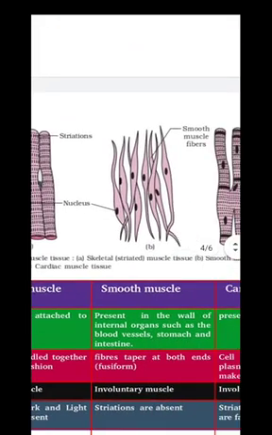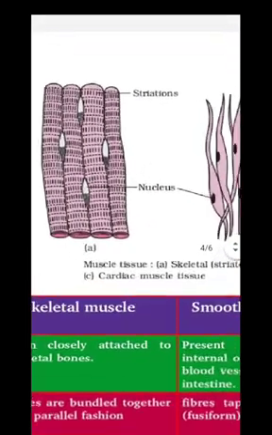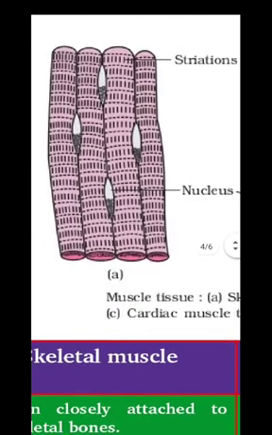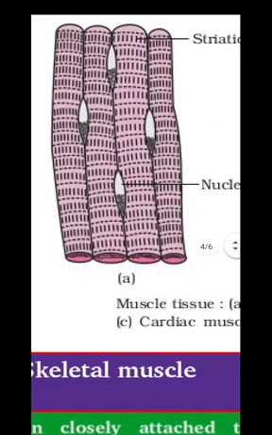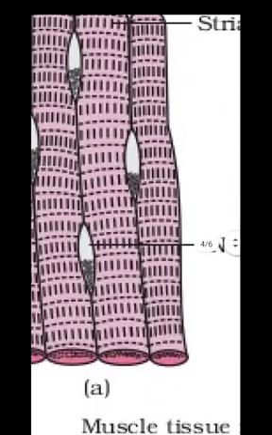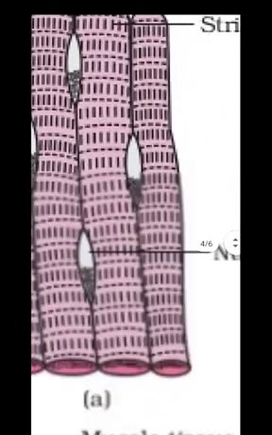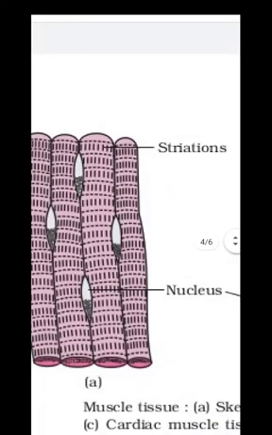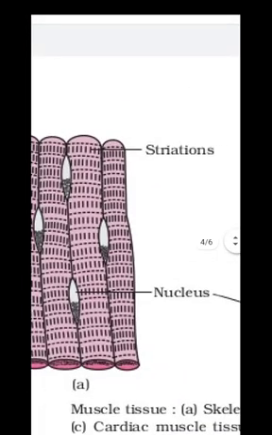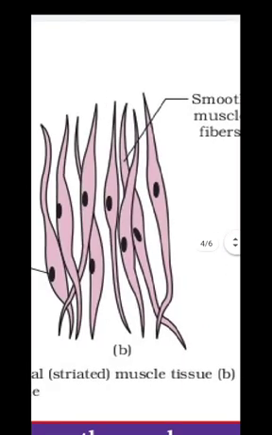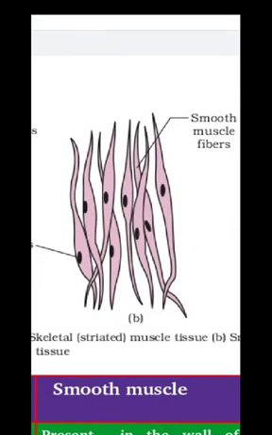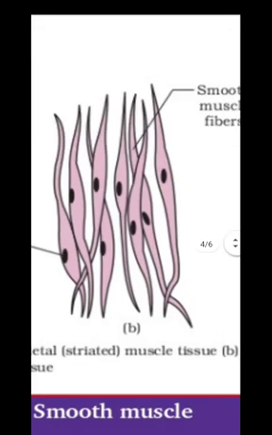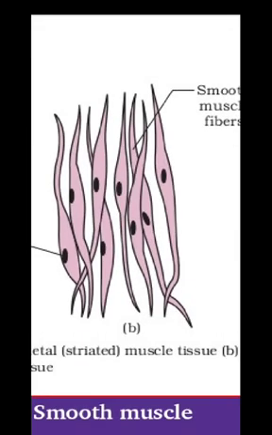Okay, now see the figures here. The first one is the skeletal muscle. See, dark and light bands, or striations, are seen here, with the nucleus in between. The second one is smooth muscle, or non-striated muscle. See, both ends are tapering, that is, pointed at both ends.